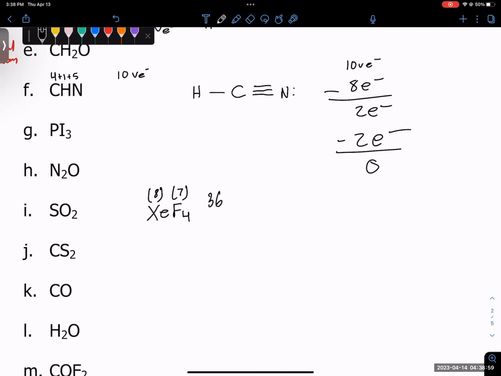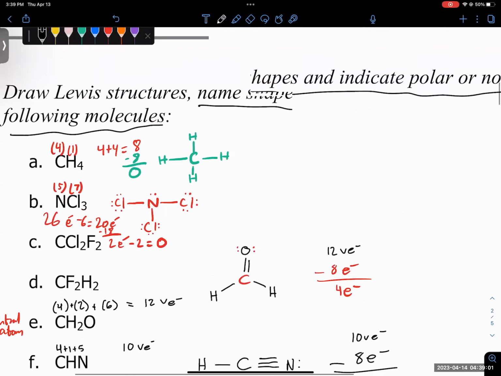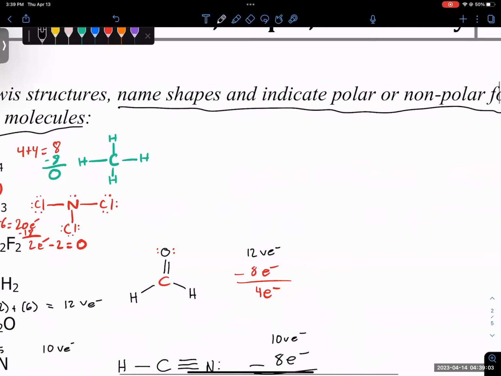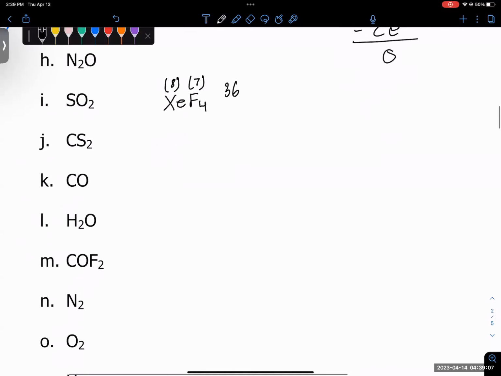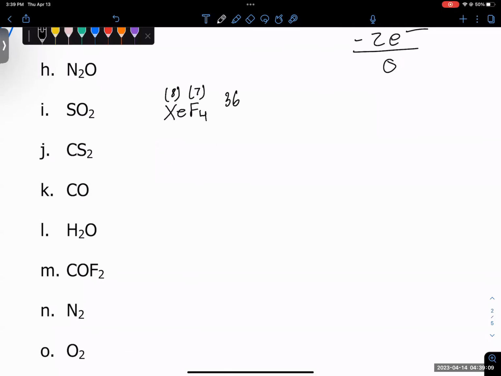So our next step is to look at our electronegativity to determine what our central atom is. And if you all remember, fluorine is the most electronegative atom you can have ever on the periodic table. So xenon is going to go in the middle, so central atom, and then it's surrounded by 4 fluorines, like so. So we have 36 electrons total.